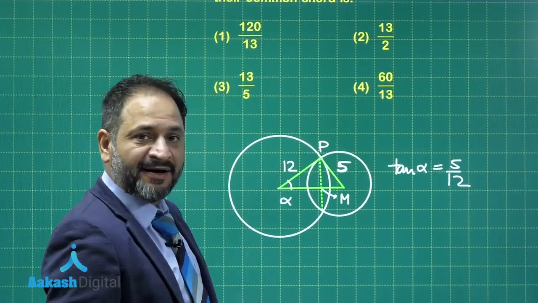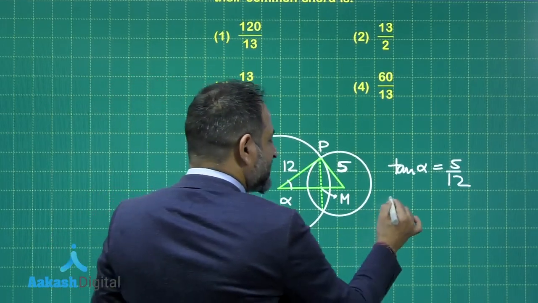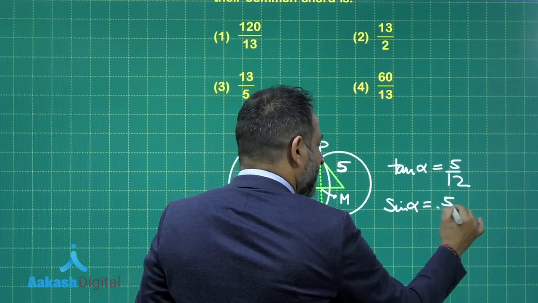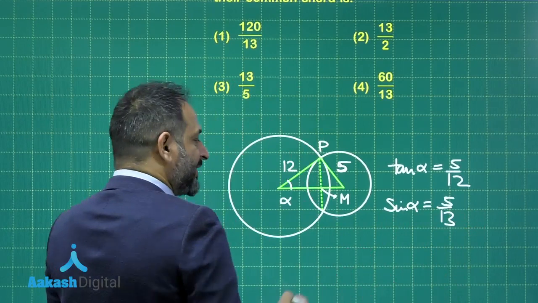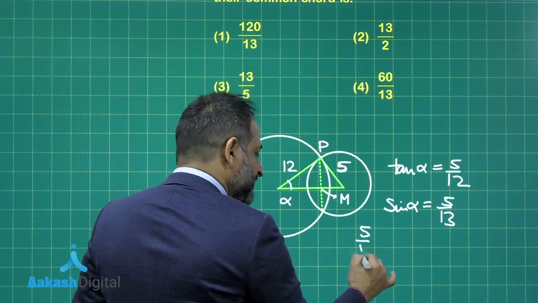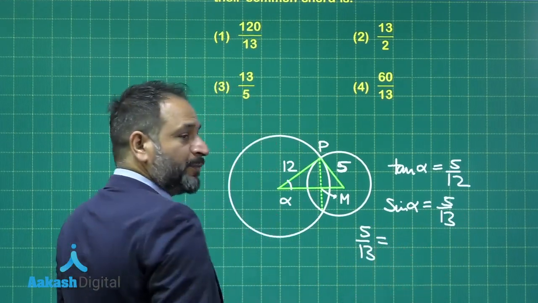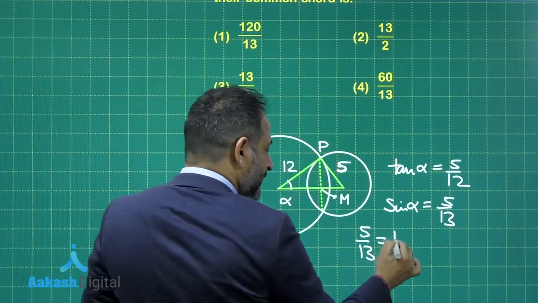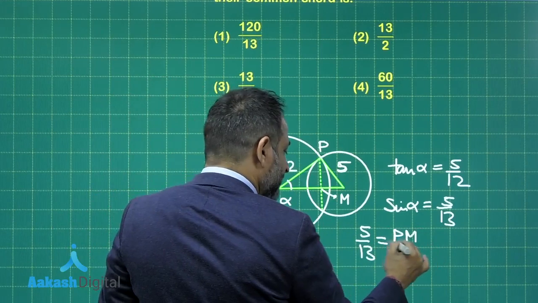Now if tan alpha is 5 by 12, what is sin alpha? Sin alpha is 5 by 13. This sin alpha, that is 5 by 13, can also be written as PM upon 12. So here we are connecting the length PM.